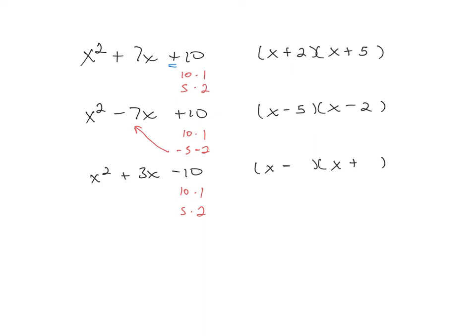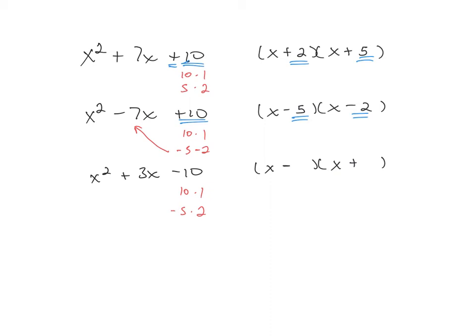Here's the difference on these ones, though. If you go back to the ones above, -5 and -2 make my positive 10. And +2 and +5 make my positive 10. So the numbers that go in those spaces at the end give you the last number when you multiply it back out. So I need the 5 and the 2 to make a -10.